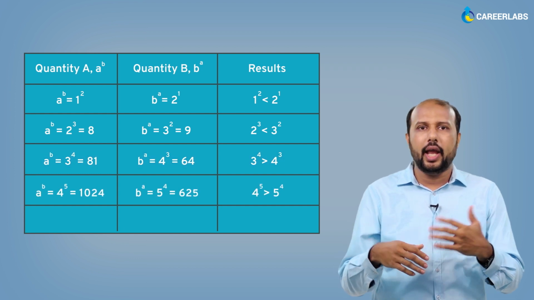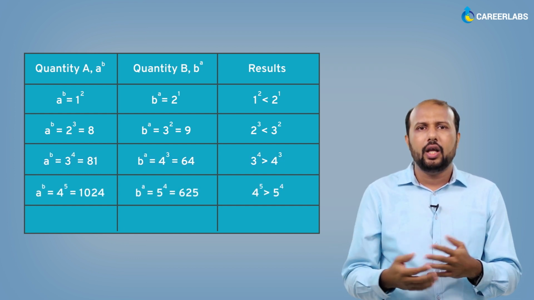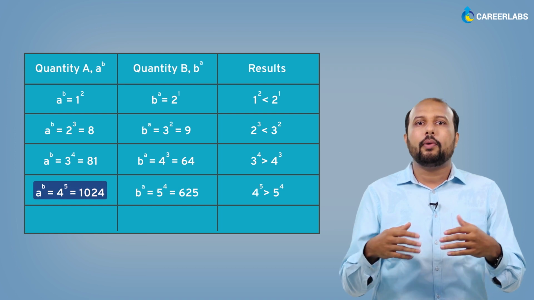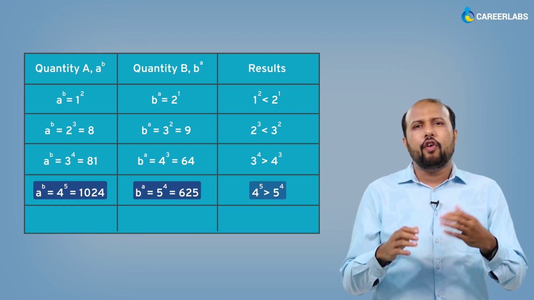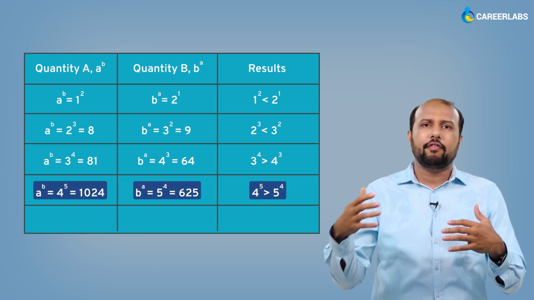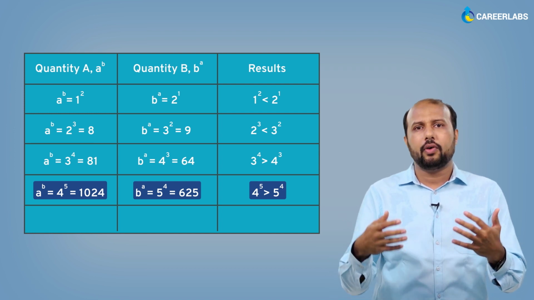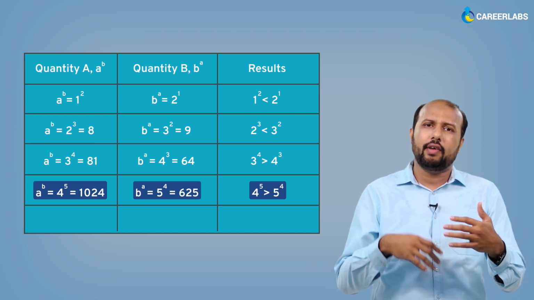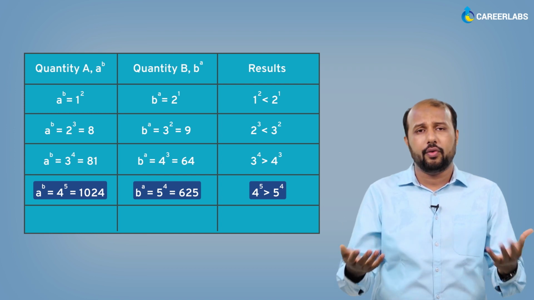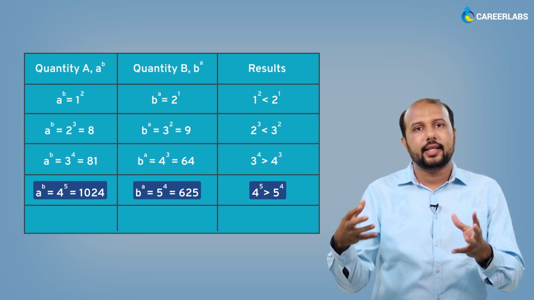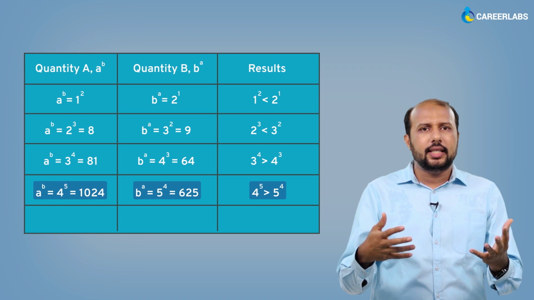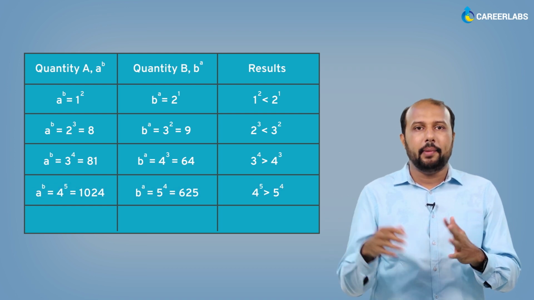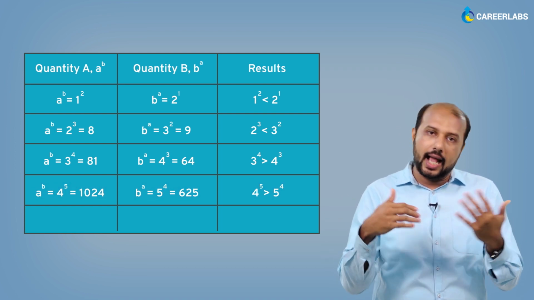Let's try next values. A equivalent to 4, B equivalent to 5. Which value is greater? 4 power 5 or 5 power 4? 4 power 5 is obviously greater than 5 power 4 because 5 power 4 value is 625 whereas 4 power 5 value is 1024. So obviously 1024 is greater than 625. So now still A power B is greater than B power A. Now as we can see, the trend has shifted.